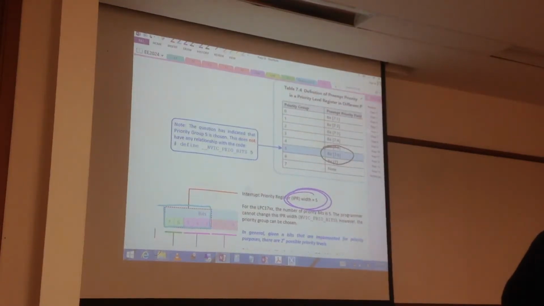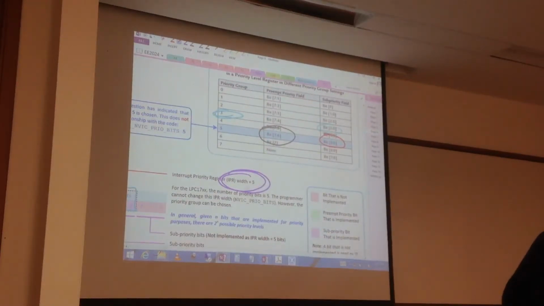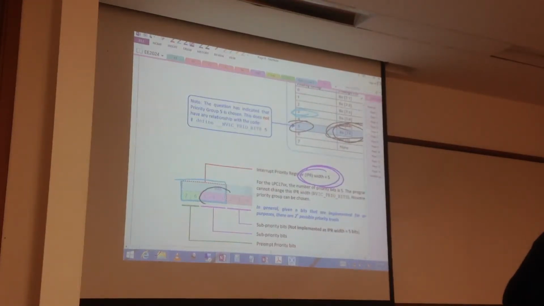Then we need to know the grouping. If we are looking at grouping 3, then bit 3 to bit 0 is sub-priority and bit 7 to bit 4 is preempt. If we are looking at group 5, this bit is sub-priority, this bit is preempt. We can determine which bit is sub-priority and which bit is preempt.